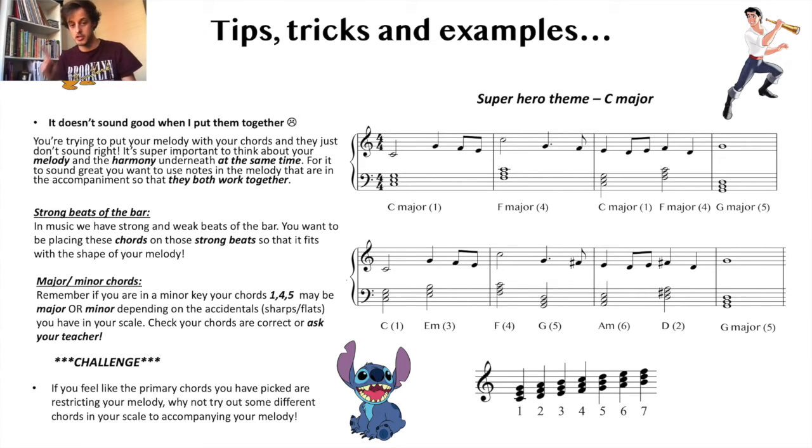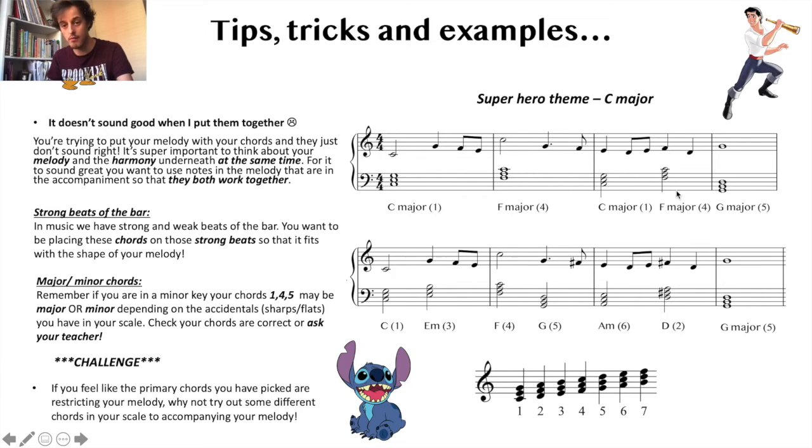The strong beats in 4/4, if you remember, are beat 1 and 3, and you can see that the shape of my melody seems to hit those points. Those chords are also going to highlight those really strong beats, the 1 and 3. So you can see in my example at the top, we've got a chord on beat 1 and also beat 1 in the next bar.